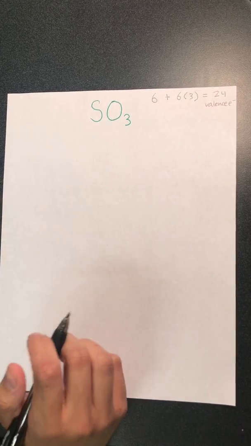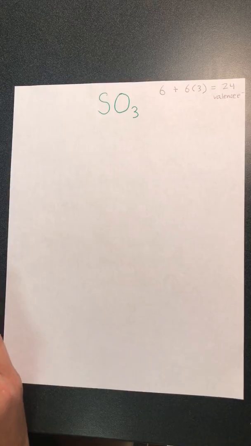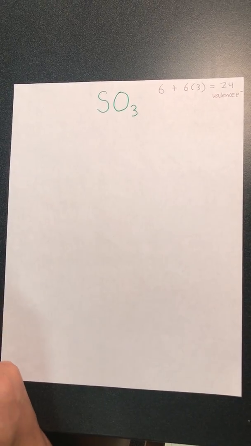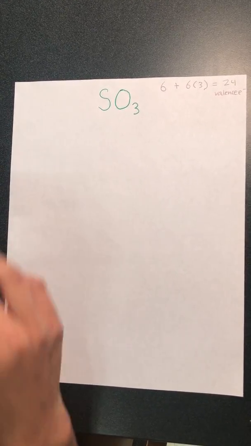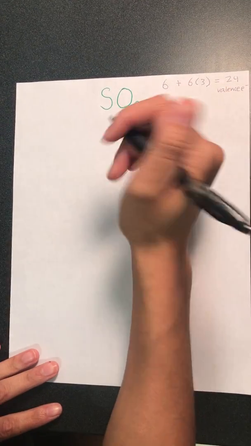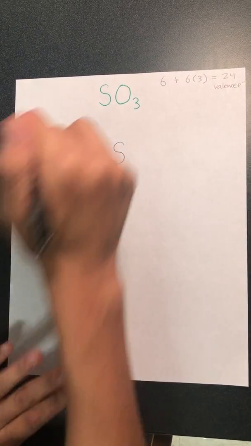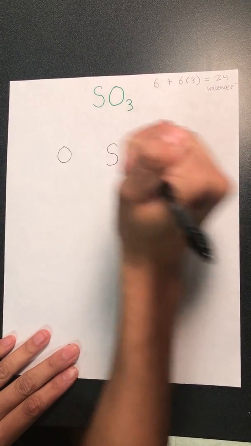So next, we're going to start by drawing our Lewis structure. And how we start is first we need to figure out which atom has the lowest electronegativity value, and that would be sulfur. So sulfur goes in the middle, and then we will draw the 3 oxygens around sulfur.